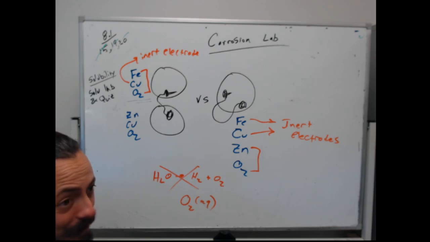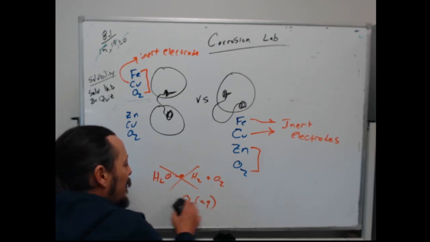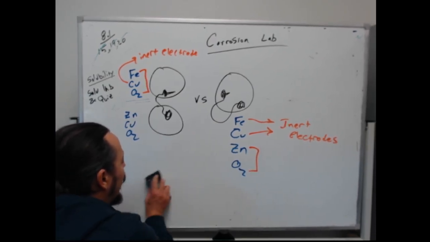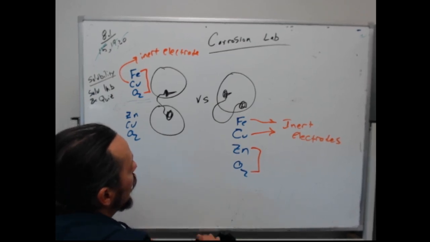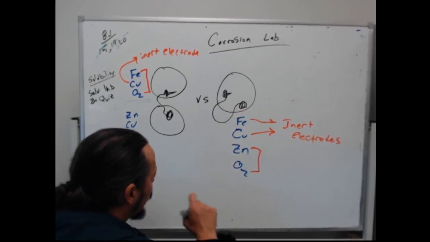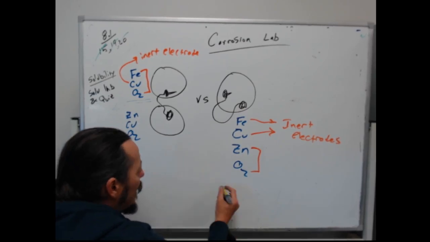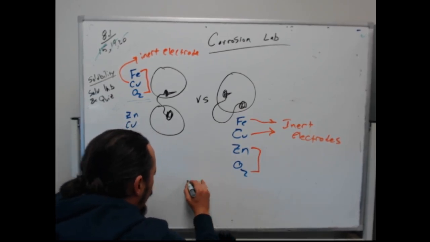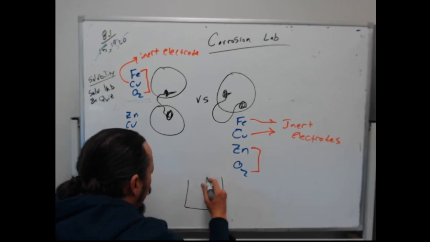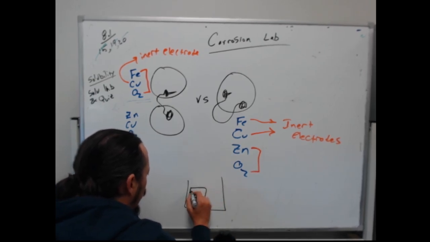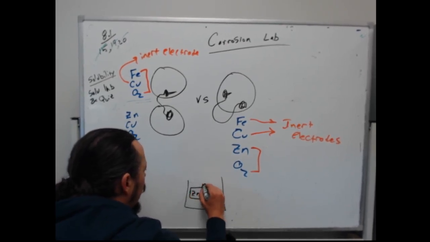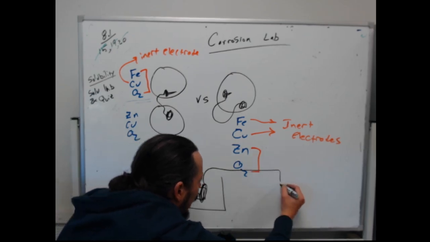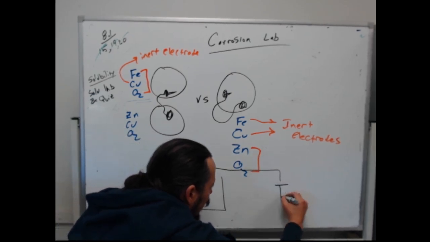Okay, the last picture that I want to draw real quick to talk about what's going on here is when we've got all of these things going on. We've got our cell, our chunk of zinc, with the copper wire around it, attached over here to a nail.